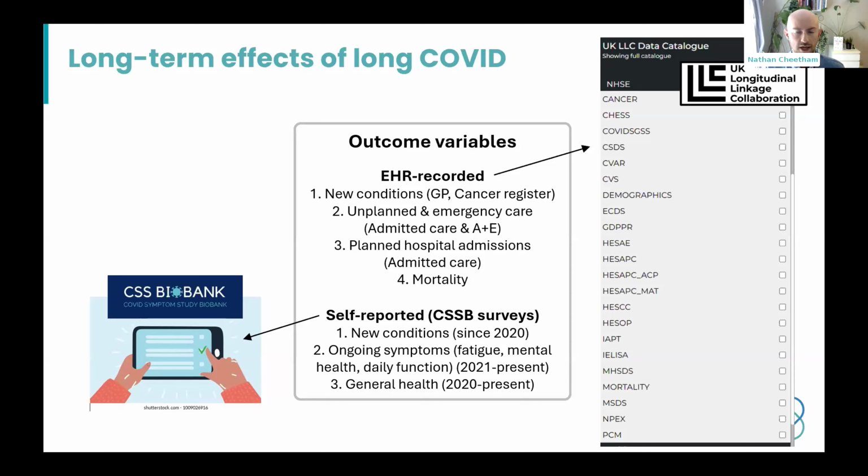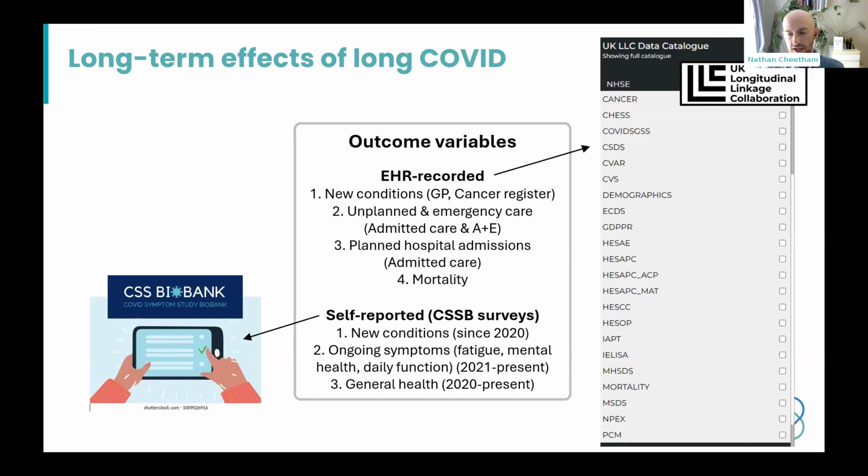So in our analysis, we want to focus on diagnoses of new health conditions following COVID-19. We want to look at any emergency or unplanned care within the hospital setting.